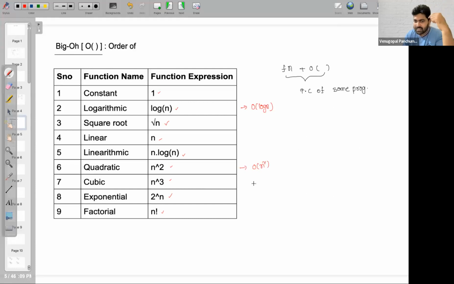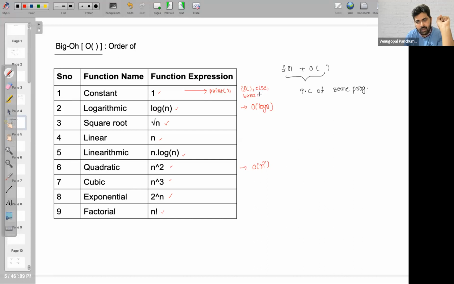Now, in today's class, I will take all these examples. I will take different problems, where every problem will take one of these time complexities, and I'll explain, friends. Now, where will order of one come? Simple: if you have statements like a print statement, or an if statement, or an else statement, or maybe break, continue.